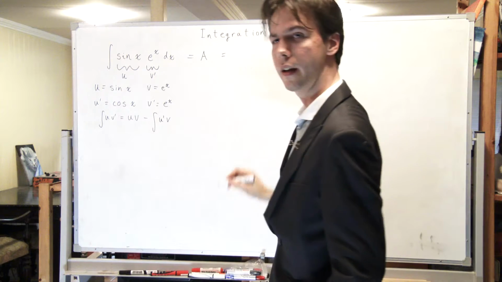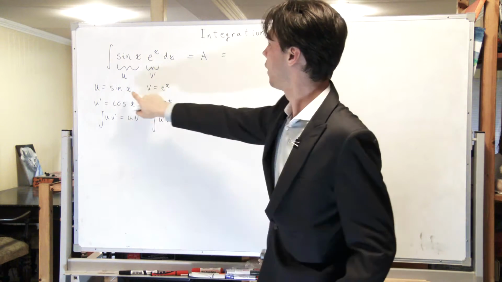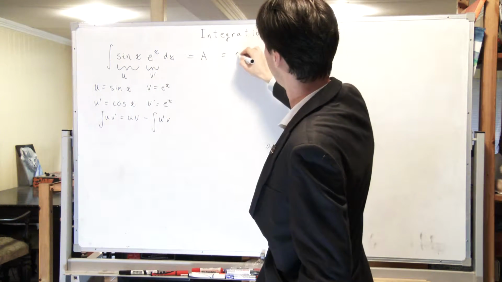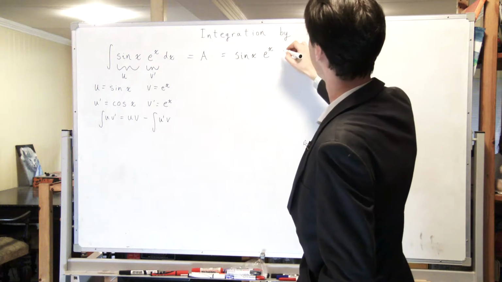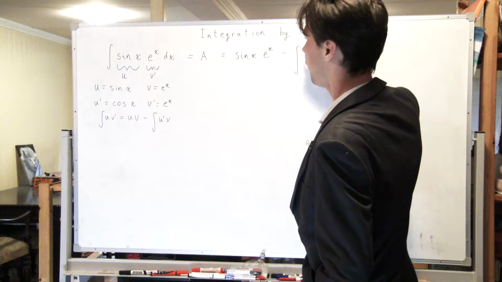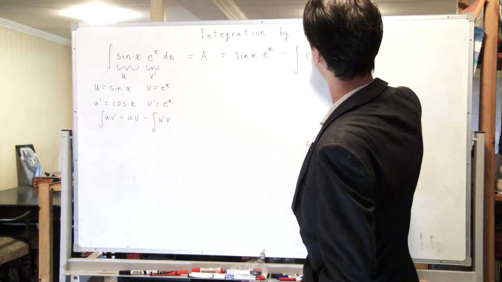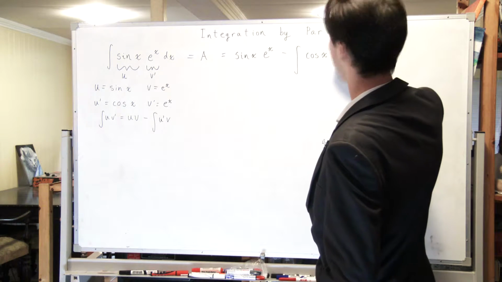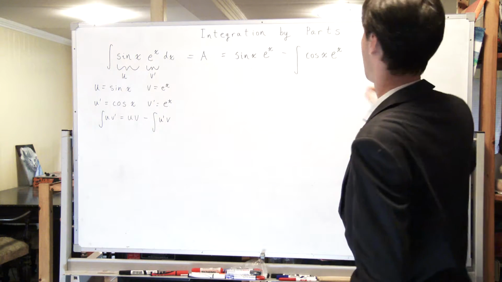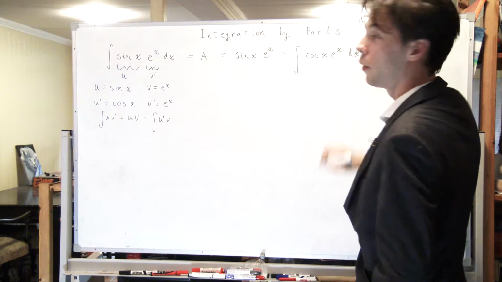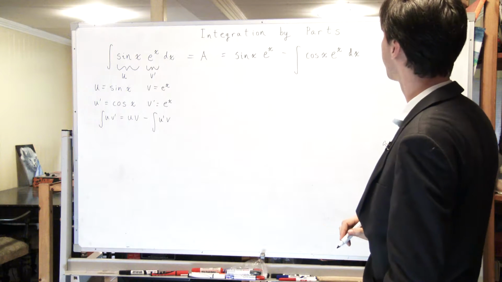So a, that integral, equals u times v minus the integral of u dash times v with respect to x.